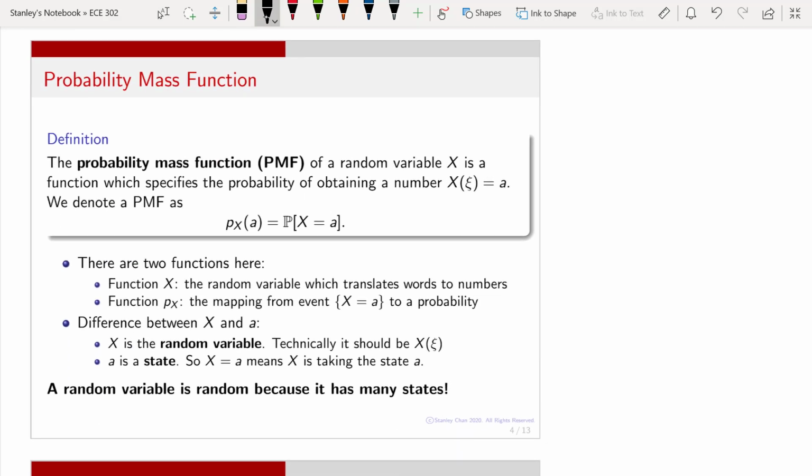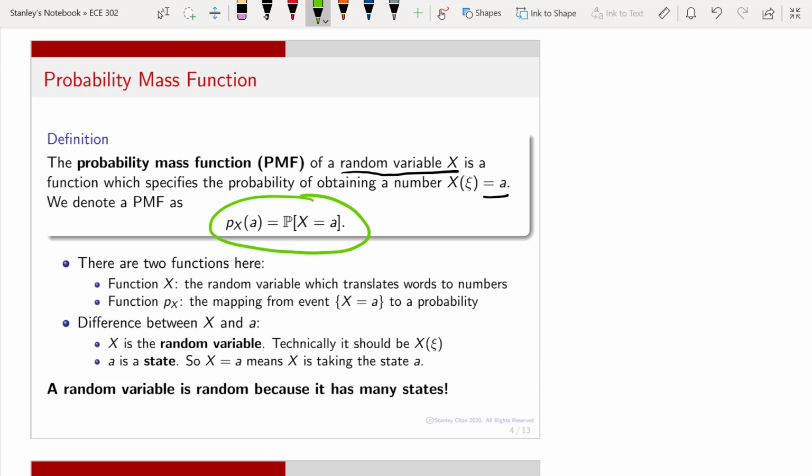The definition of a probability mass function is as follows. The probability mass function of a random variable X is a function which specifies the probability of obtaining a number A.